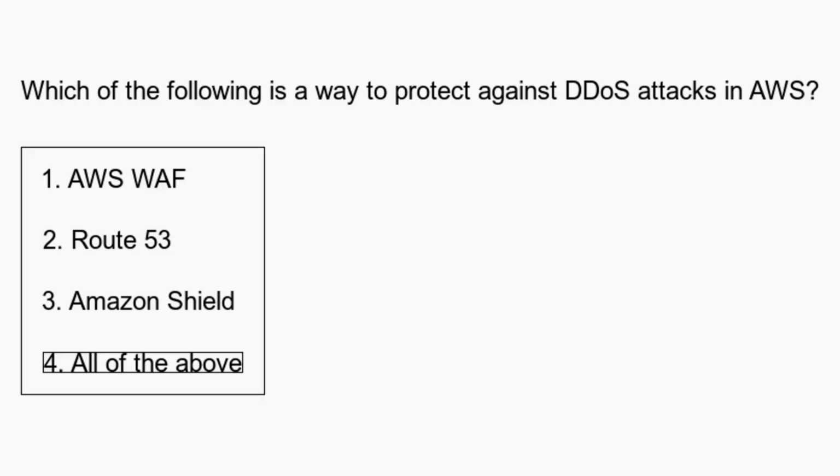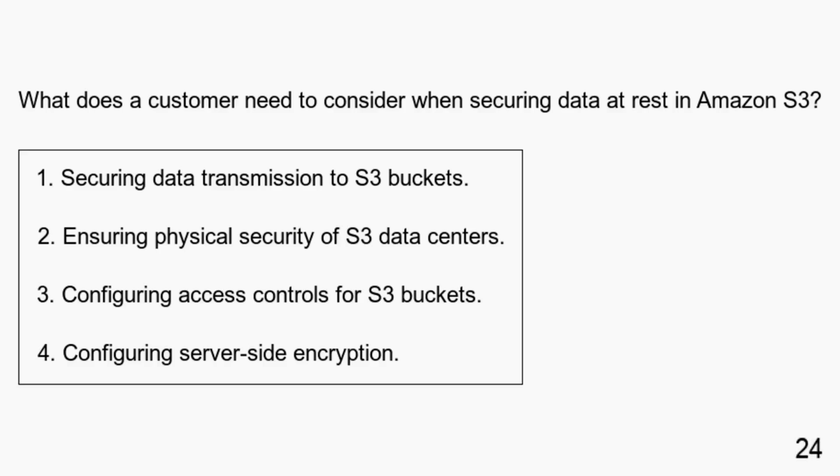AWS offers a variety of ways to protect against DDoS attacks, including Shield, WAF, and Route 53. While not directly a DDoS mitigation tool, Route 53 can be configured with health checks and failover routing to redirect traffic away from overwhelmed resources during an attack, minimizing downtime.